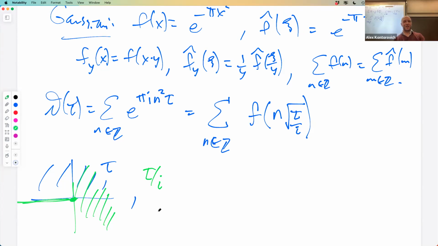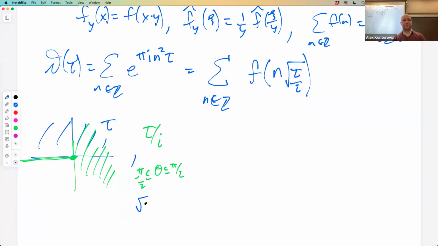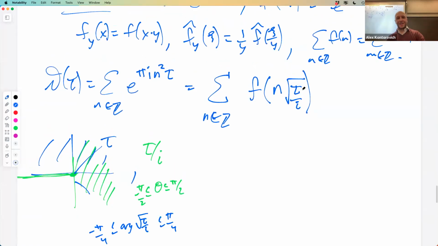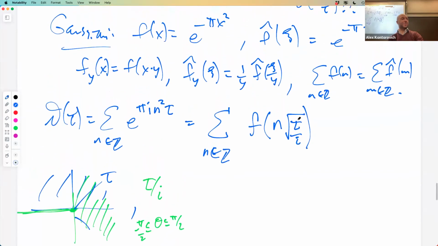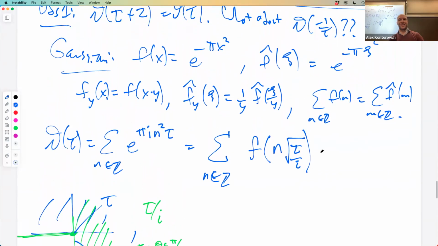So if theta ranges from minus pi over 2 to pi over 2 for tau over i, then the square root of tau over i has argument between minus pi over 4 and pi over 4. Right, square root halves the angle. So we can perfectly well make sense of this.